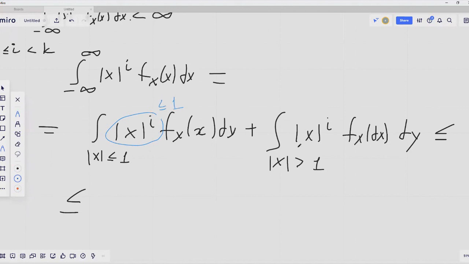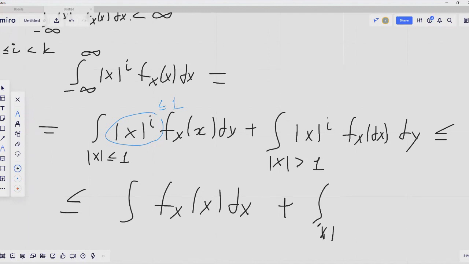So the following sum of two integrals is less than or equal to, if we replace this term by 1, the integral of f of x dx, plus an integral for absolute values of x greater than 1, of absolute x to the power of i, f of x dx.